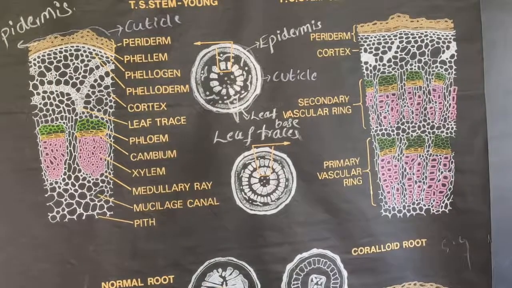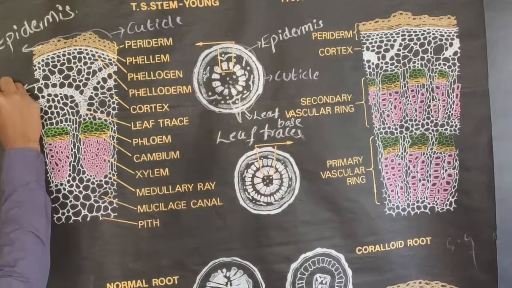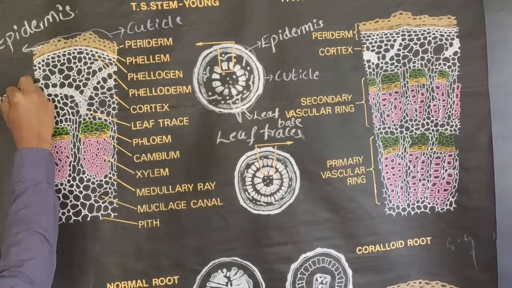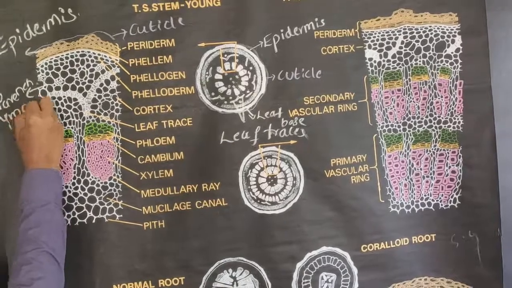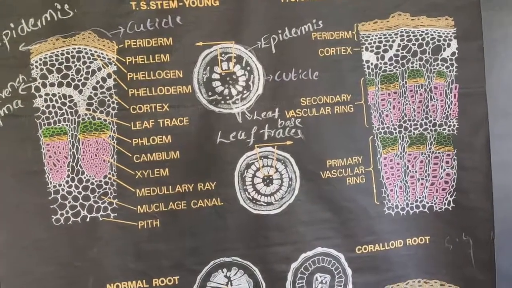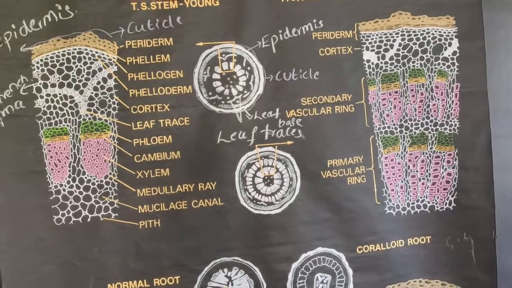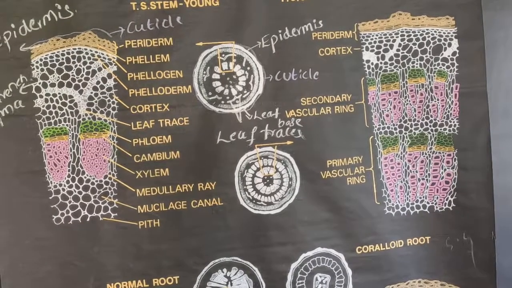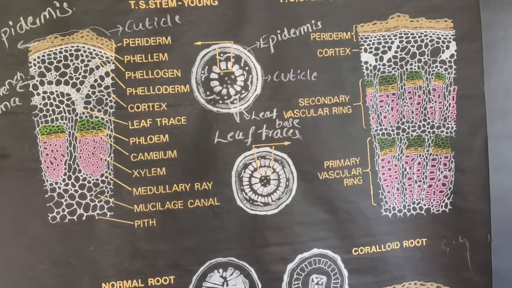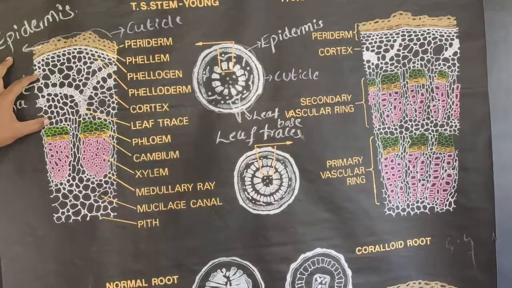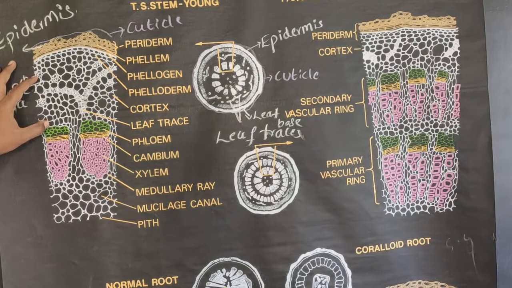The cortical region, or the cortex, is mainly made up of parenchymatous cells. The cortex of the stem in case of Cycas is mainly made up of parenchymatous cells, and it covers the major part of the stem.